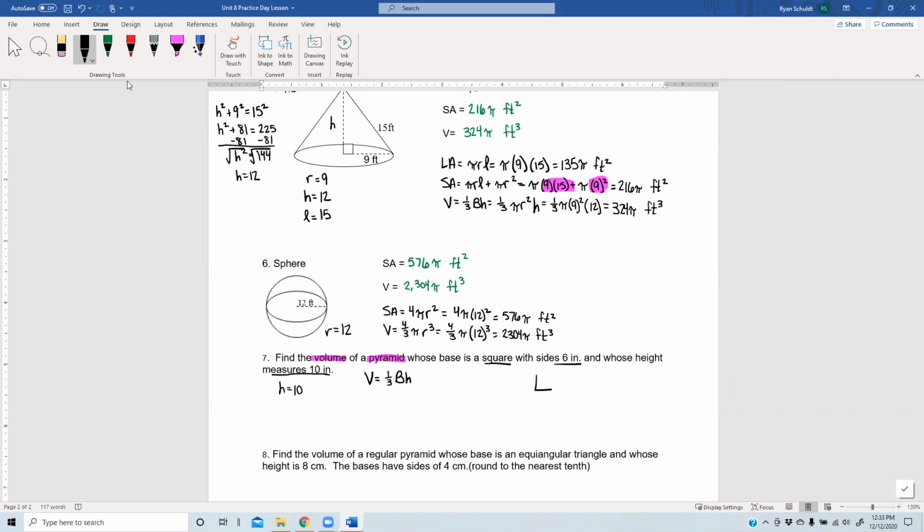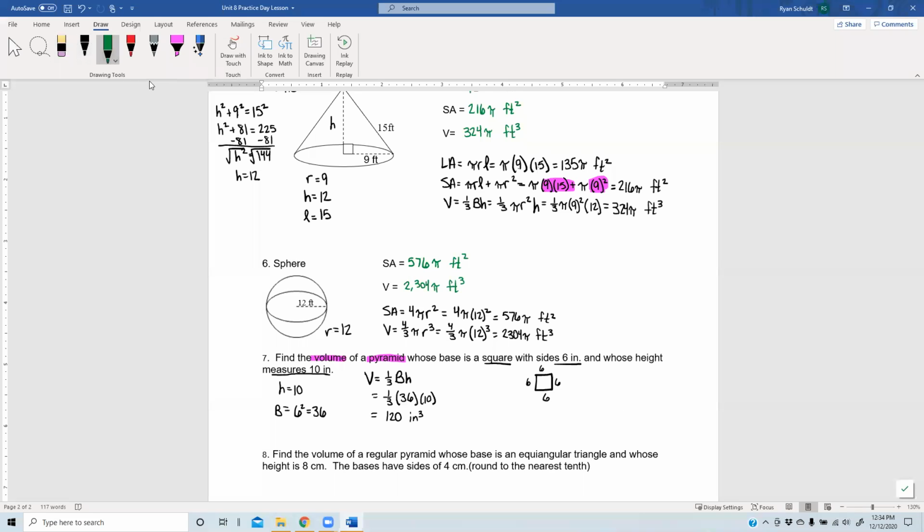This one says we have a square where all the sides are 6. So how can I get the B then? I'll do 6 squared, which is 36. So this 1/3 BH will turn into 1/3 times 36 times 10, which is 120 inches cubed.